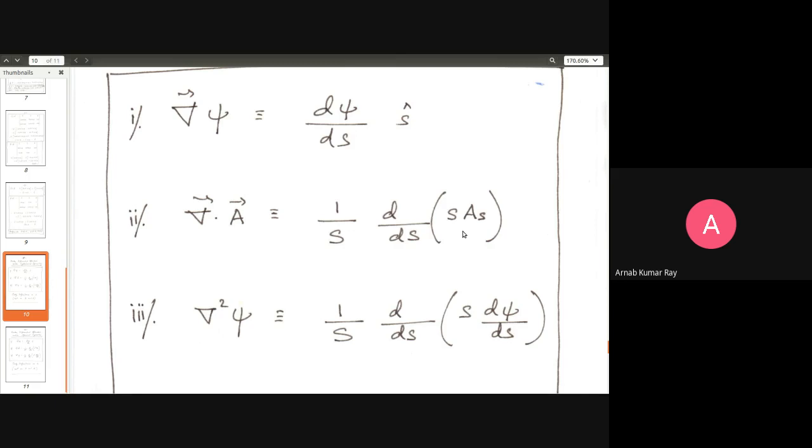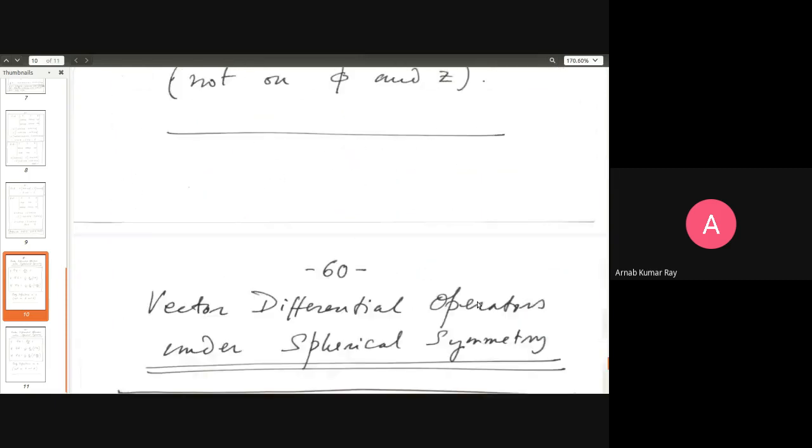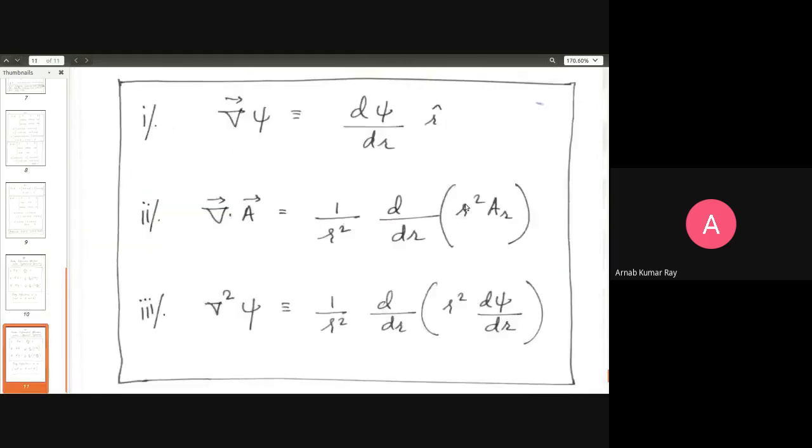Just like S is raised to 1 here, I have not written 1 explicitly; if you don't write anything, it means 1. Here it is R squared and R squared.